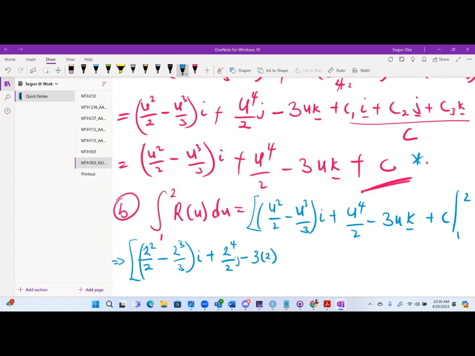This is j. Don't forget, this is k. Everything you have plus C. You may not bother yourself with that, but let's put it minus lower limit. Lower limit means substitute 1 into where you see u.